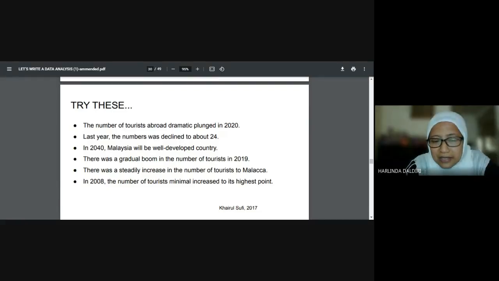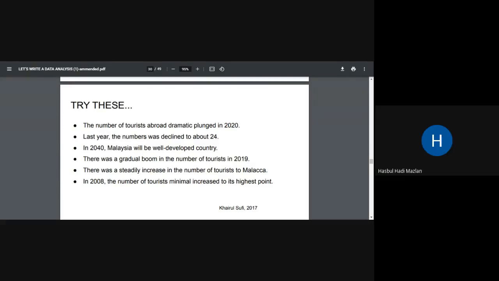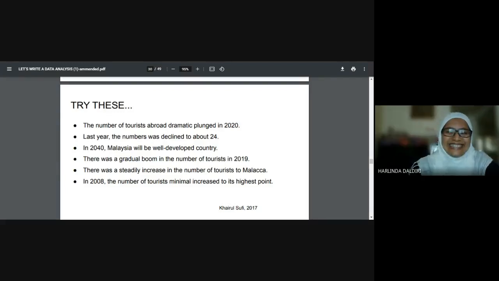Yes, your answer is right, but what do we call that in grammar? The parts of speech, what category is that? Article, yes. So: Malaysia will be a well-developed country. All right, what about the next one?